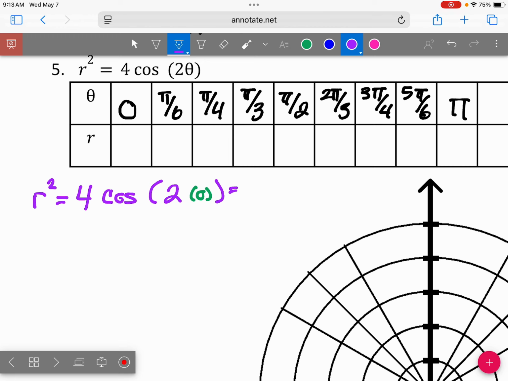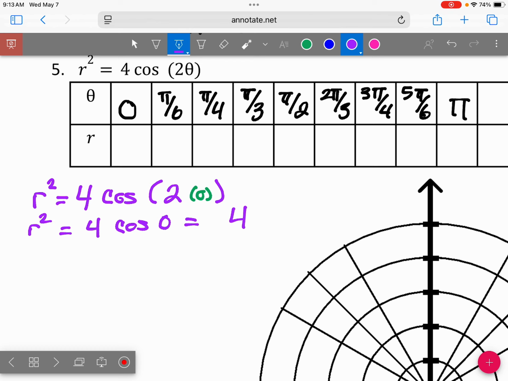So cosine of 2 times 0, that's the same thing as cosine of 0. So we have 4 times cosine of 0. What is cosine of 0? 1. Cosine of 0 is 1, so 4 times cosine of 0 is 4. So our r squared is 4.